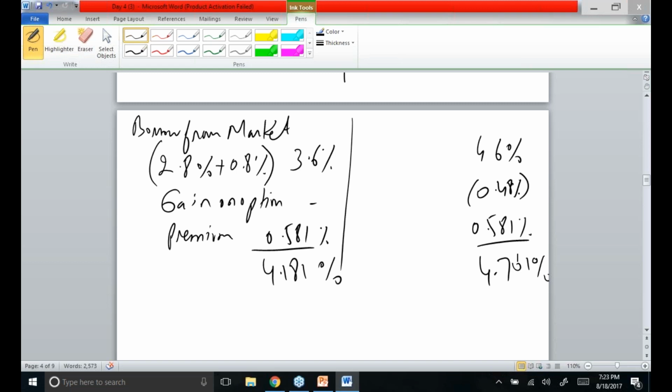Okay, you can convert these amounts into absolute numbers, into dollar numbers, just by multiplying with the loan amount and taking its month portion. Like if you have taken a loan for 5 months, convert it by 5 by 12. Same is the case with the premium, and same is the case with the option gain.